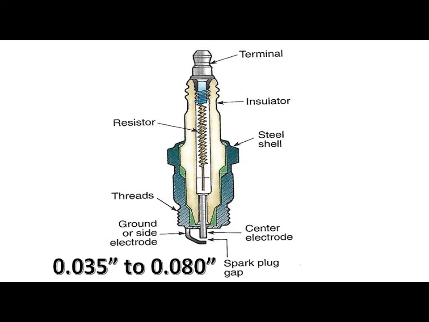Most spark plugs have a resistor in the center electrode to reduce radio static. The terminal at the top of the insulator contacts the center electrode. The spark plug wire is connected to the terminal on top of the spark plug.